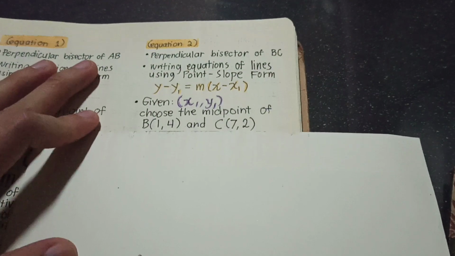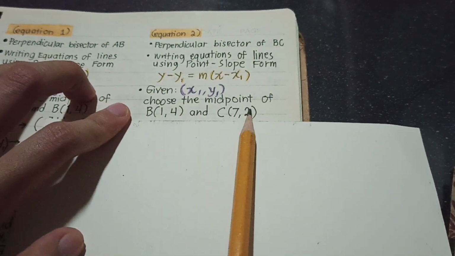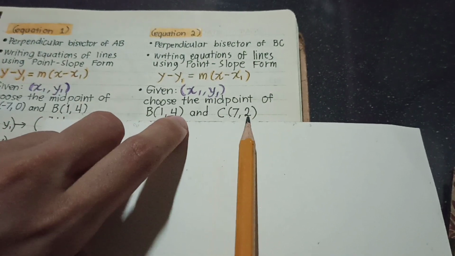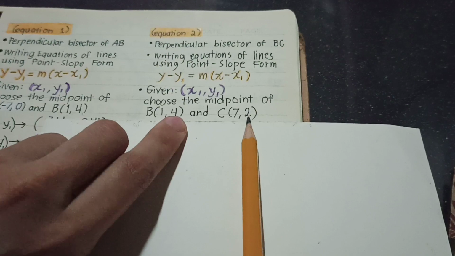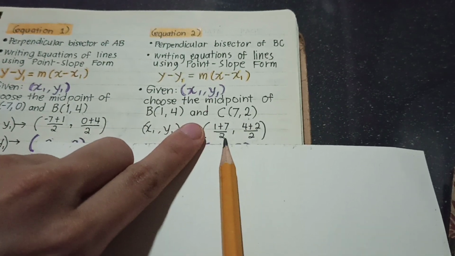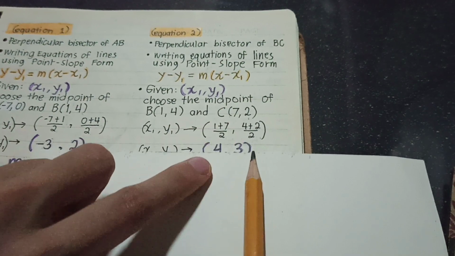Right? So first, for the point, it's the middle point between B and C. Get the average. 1 plus 7 and then 4 plus 2. Both should be divided by 2. Then I'll have 8 over 2 or 4. Then I'll have 6 over 2 or 3.